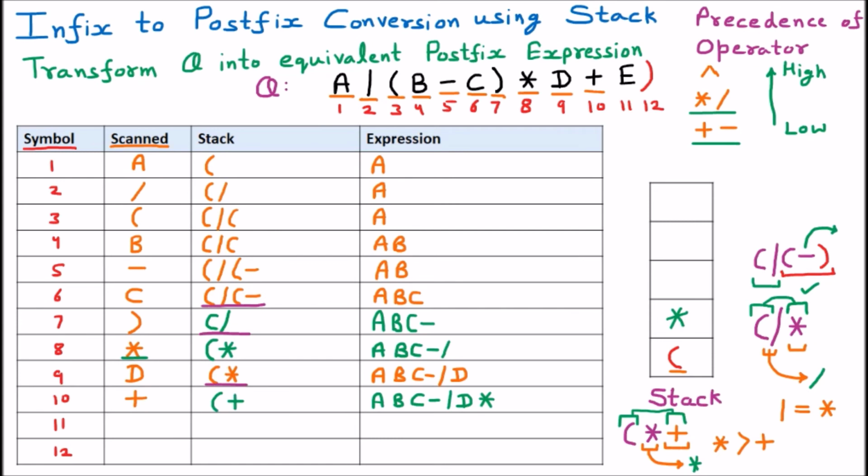But if we go with the algorithm, it says that whenever an operator is encountered, just like the operator plus, and one operator is already present, which is star, then we have to match their precedence. If the existing operator has higher or equal precedence, and star already has the higher precedence, it will pop out and be given after the expression.